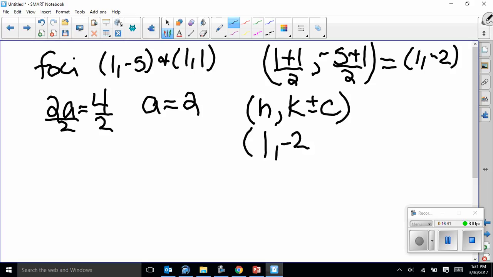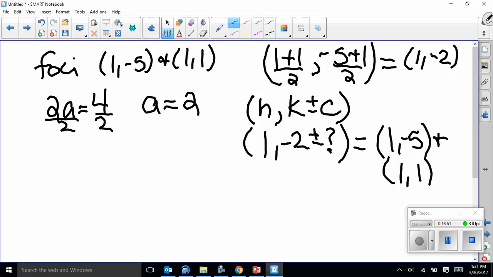So we have negative 2 plus or minus some number, and that's going to get us to (1, -5) and (1, 1), using the foci formula to find c.